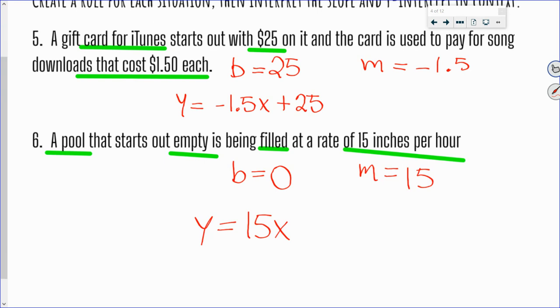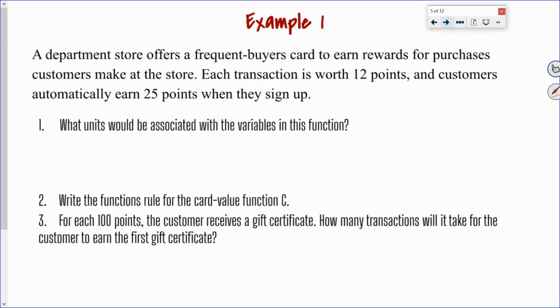Well, I want to just bump it up one more notch here, okay? This is example 1. We're gonna take it up a level and talk about how we're going to use this.